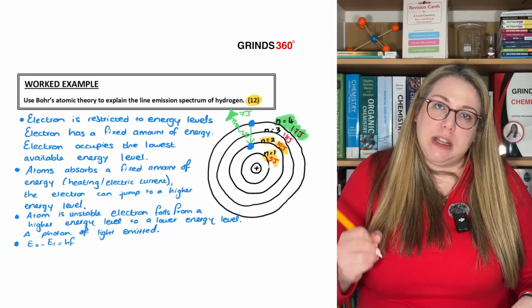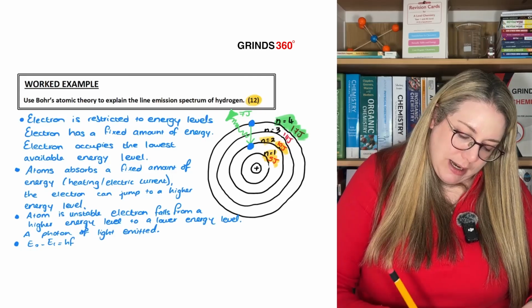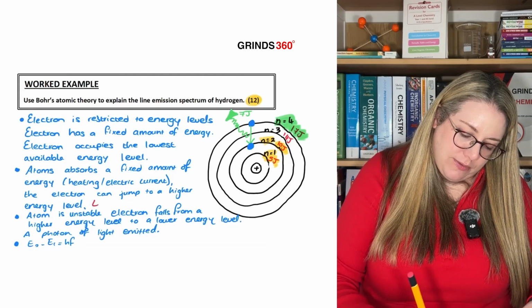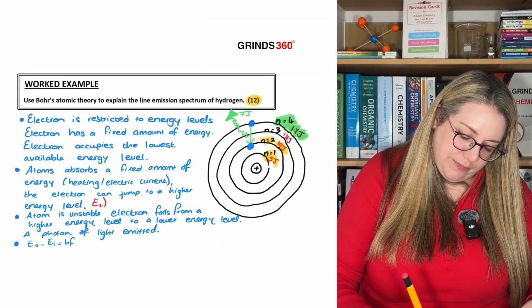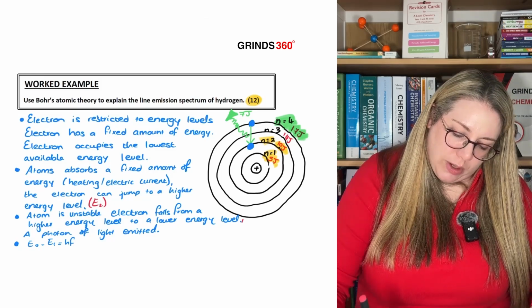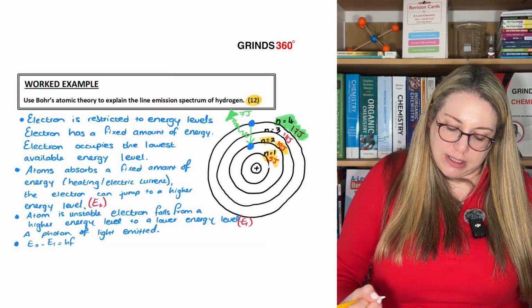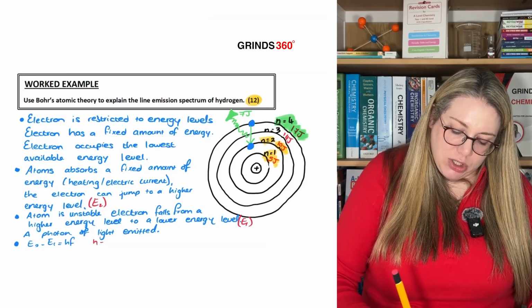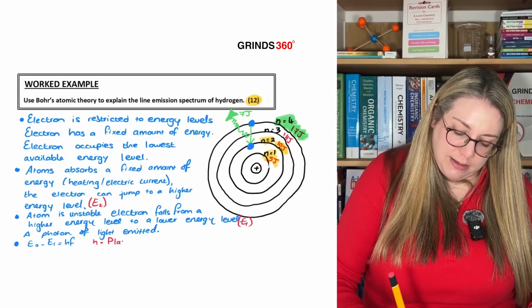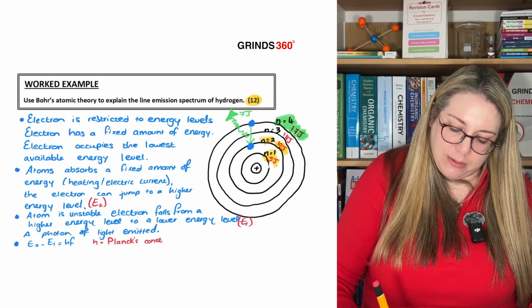E2 is the energy of the higher energy level. So I'm going to put that in here. Can jump to a higher energy level with fixed energy value, which is E2. It's unstable. The electron falls from a higher energy level to a lower one, which we'll call E1. That's the energy value of the lower energy level. Then h we'll call Planck's constant. And f is the frequency.